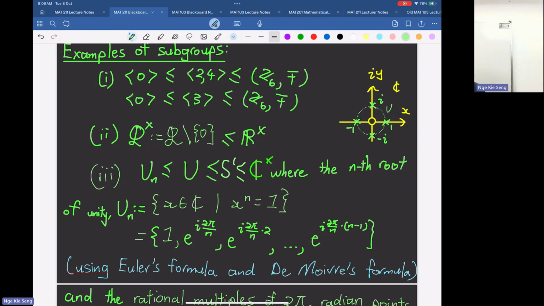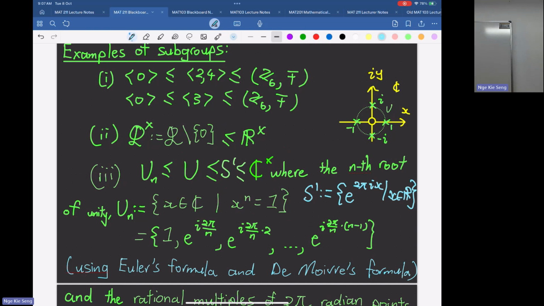Okay, so this unit circle here is defined by all the e to the 2 pi i x for all x in R. In fact, we can fill it up. This is how you parameterize your circle in calculus 2. But in this case, we do it in the complex plane, so there's an i there.